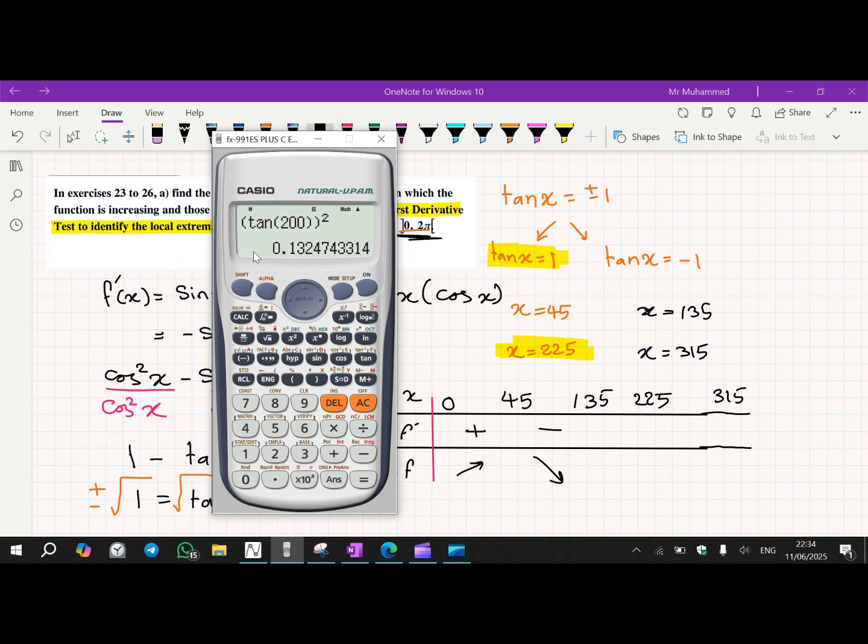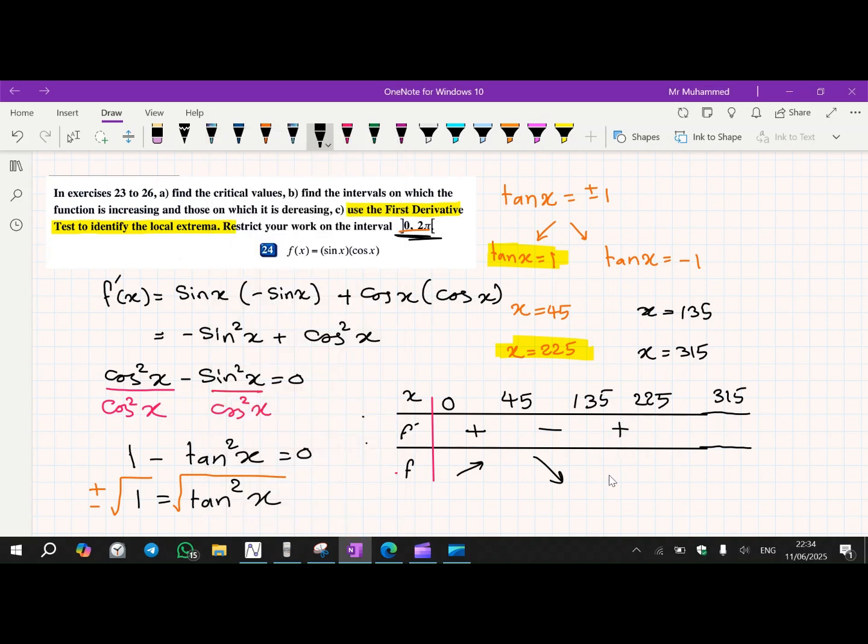It's 0.13. 1 minus 0.13 will be positive, increasing, negative, decreasing. And the end of the interval is 360. We have to write that as well. And we need to choose a number between these two. The number makes the first derivative positive, that's increasing.